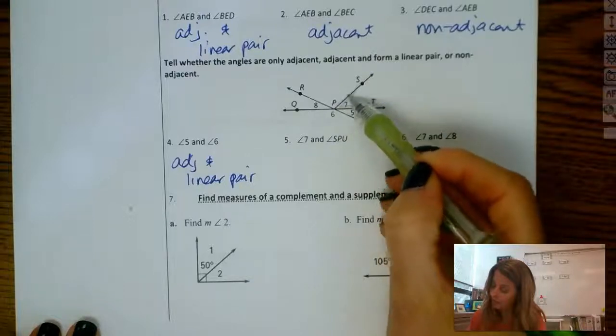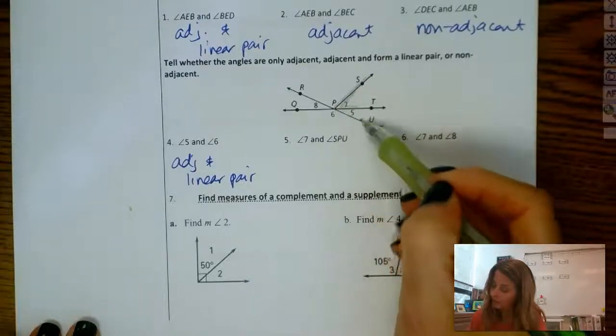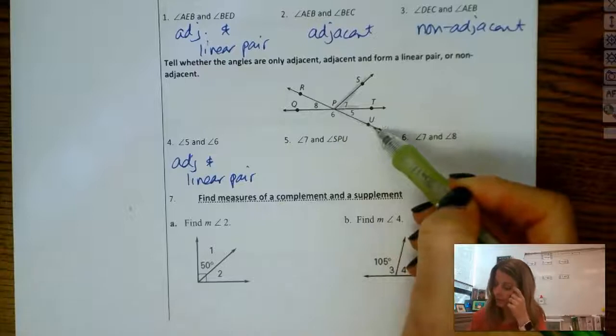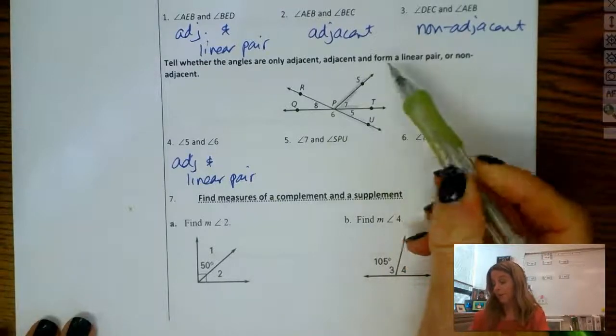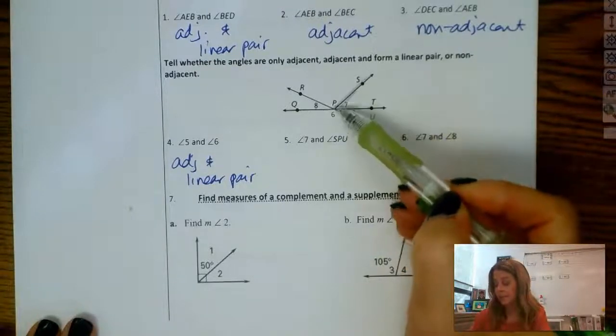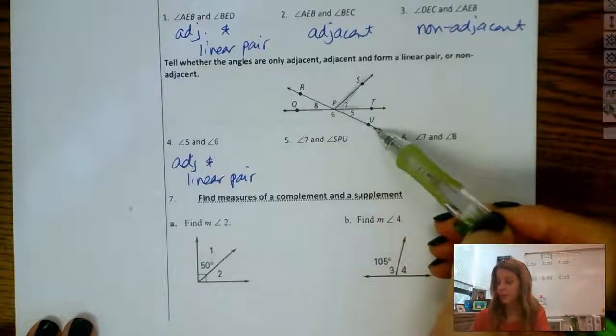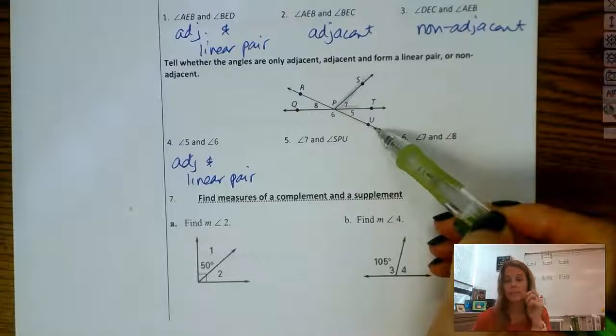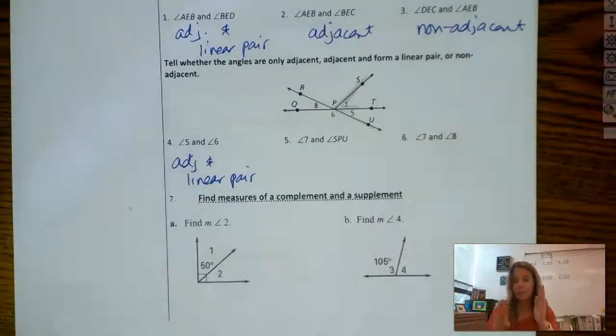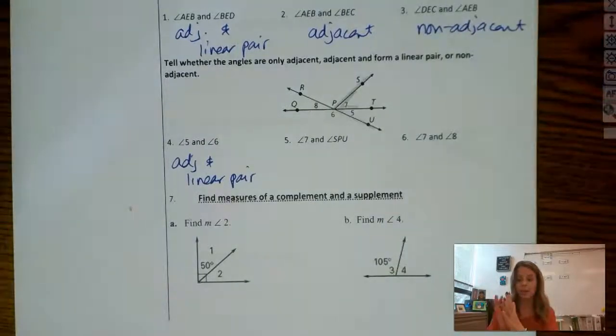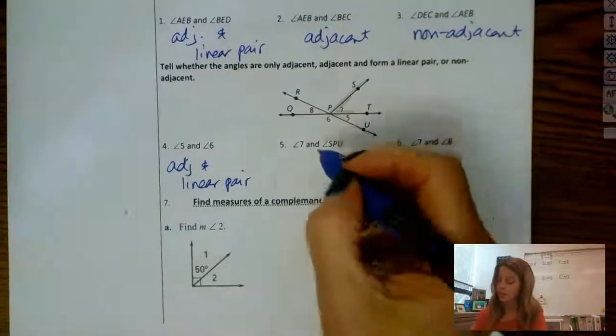Okay, we've got an issue here with the fact that one angle is inside the other angle. So you cannot have one angle inside another angle and be considered adjacent. They have to be like two separate angles. You can't have one in the interior of the other. So these are actually non-adjacent.